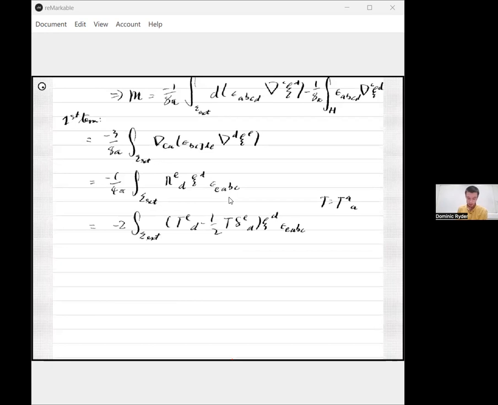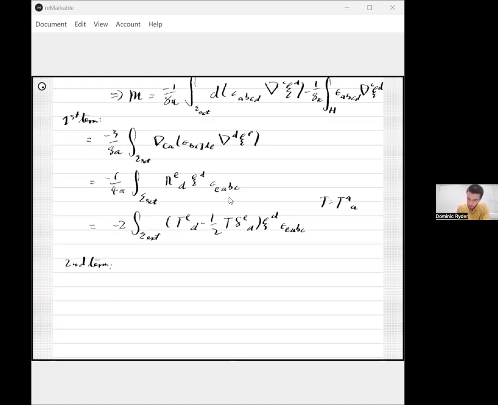Okay, so this is our first term. Now let's deal with the second term. We're going to use our Killing vector field on the horizon, the Killing vector field which is tangent to the generators of the event horizon.